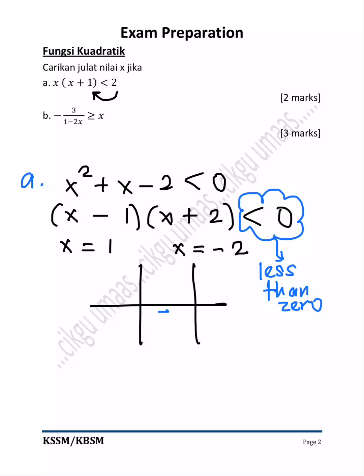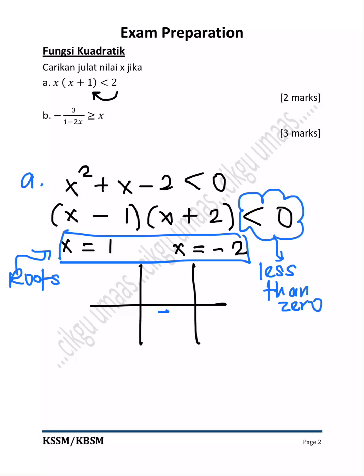As I told you just now, when I showed the formula, this is called the roots. The smaller one is negative 2 and the bigger one is 1. So how do I write the answer if my answer is di antara ini? The answer would be x between negative 2 and 1. This is how we write the answer.